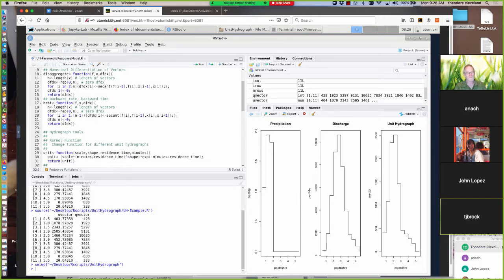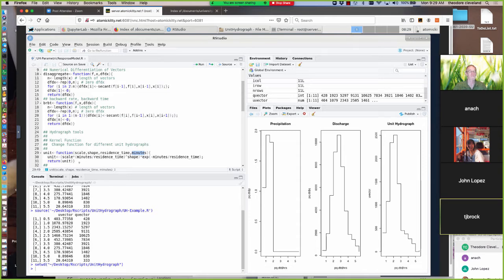It's called unit for lack of a better name, but it could just as well have been named kernel. The main problem with naming it kernel is that it's used in other parts of the R script, so naming it kernel's fundamentally kind of a stupid move. So I've called it unit. Let's see what unit accepts as input. It needs a scale parameter, a shape parameter, a residence time parameter, and something about time.